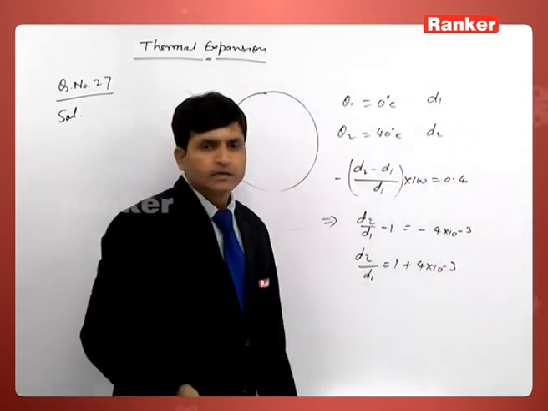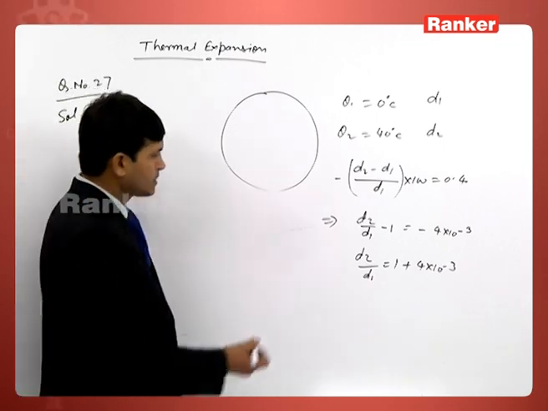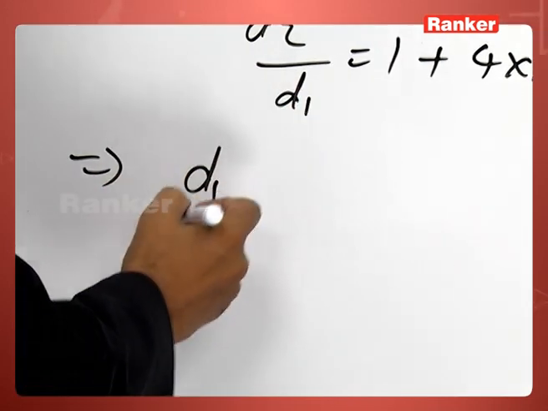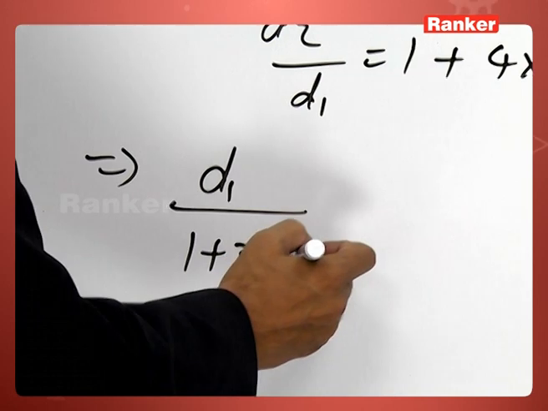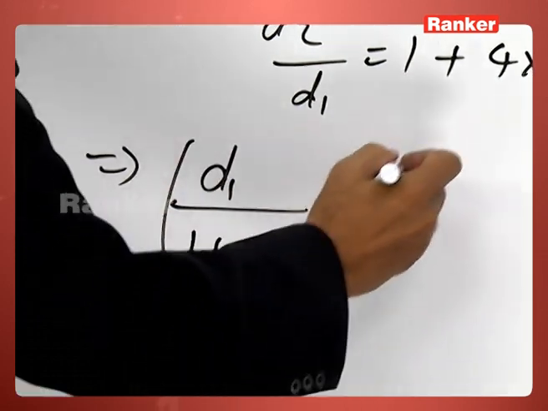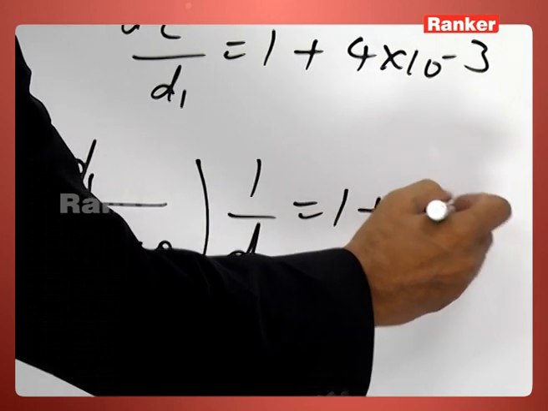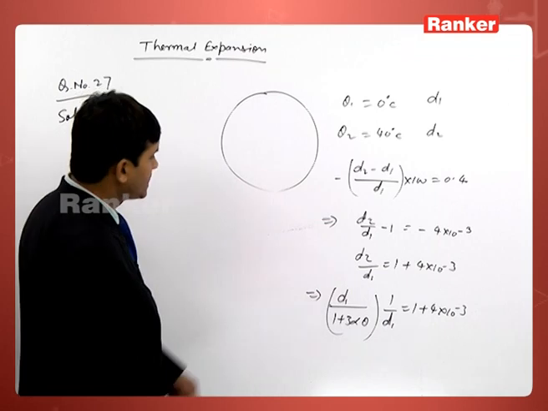They are asking for the coefficient of linear expansion. So D2 is nothing but D1 by 1 plus 3 alpha into theta, so D2 by D1 is 1 by 1 plus 3 alpha theta. Now we can simplify from here.